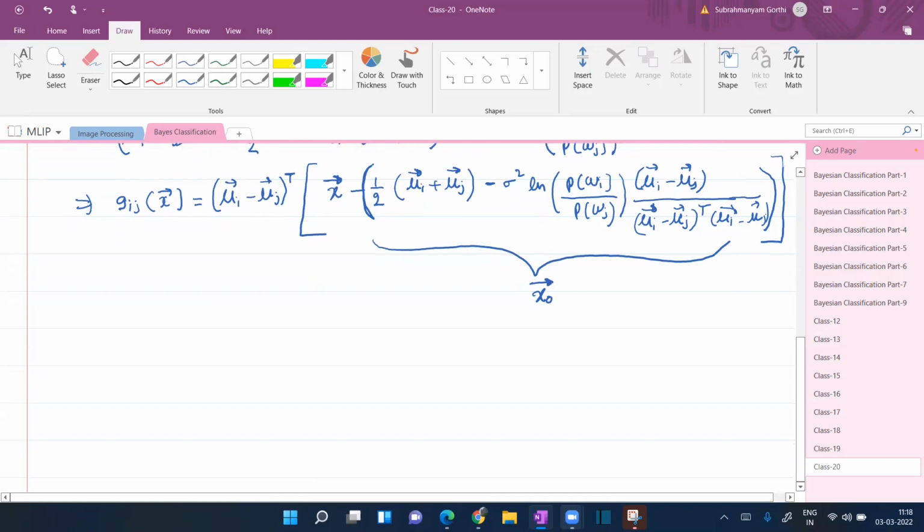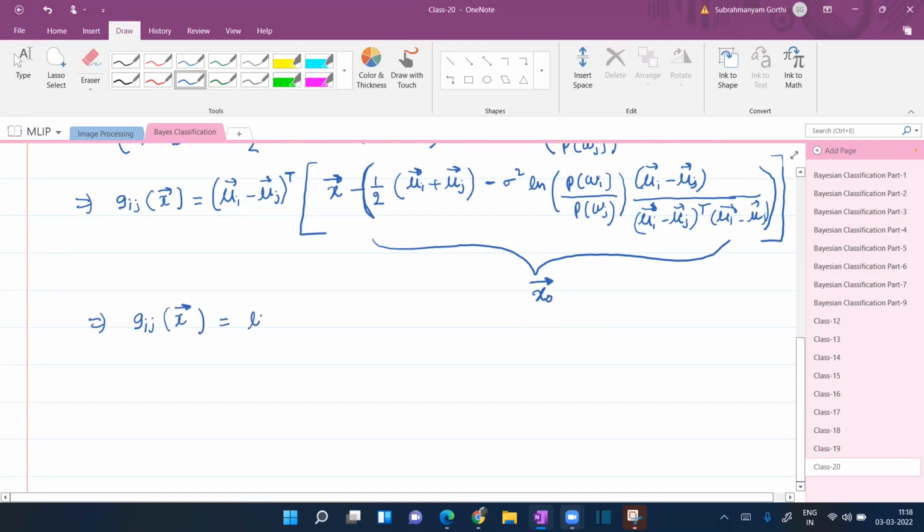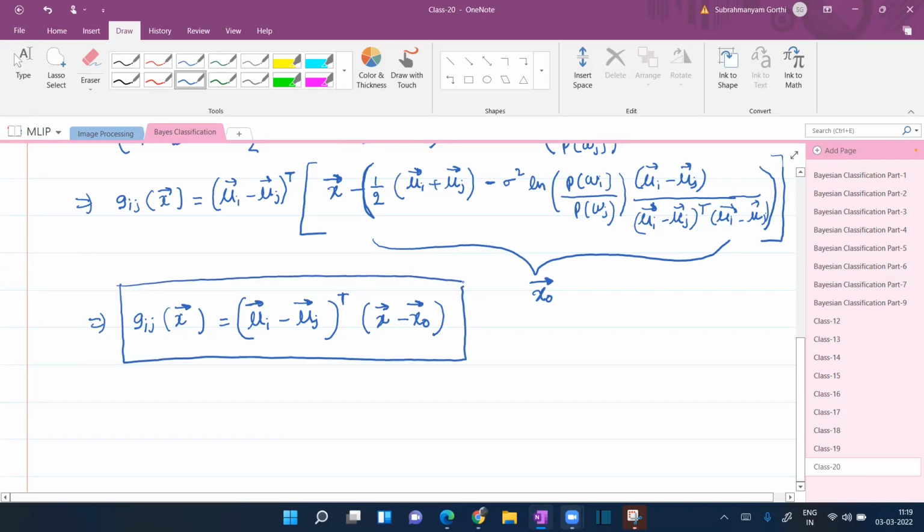Then that implies Gij of x bar is equal to (mu i bar minus mu j bar) whole transpose into (x bar minus x naught bar). Very, very important result for us. Gij of x bar. What is it that we derived now?